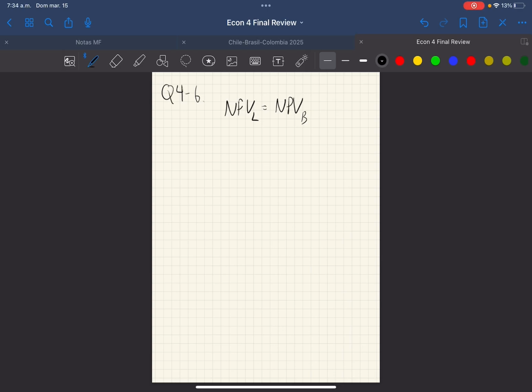So the equation for leasing is going to be 3,000 plus 160 delta over 1 minus delta, times 1 minus delta to the 36 over 1 minus delta. And if you don't know where this came from, I would recommend going back and reviewing all the different formulas we have for calculating the net present value.